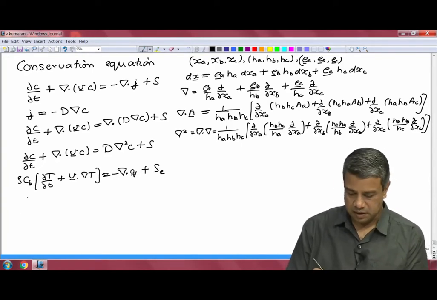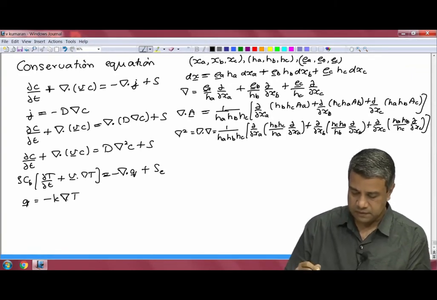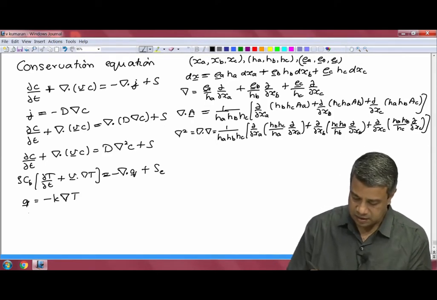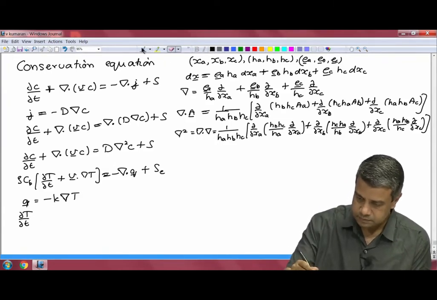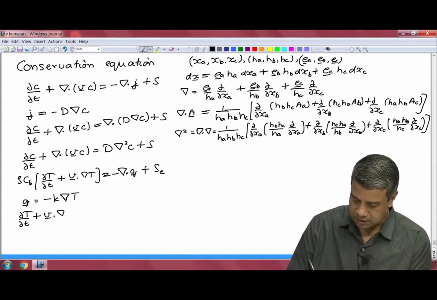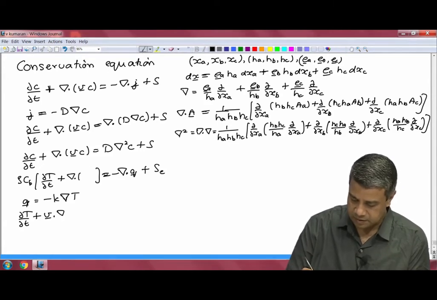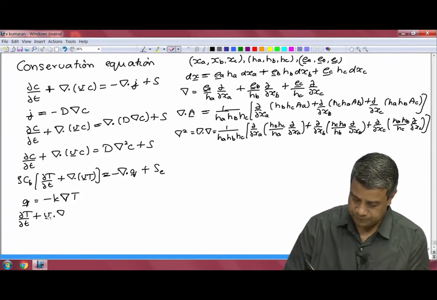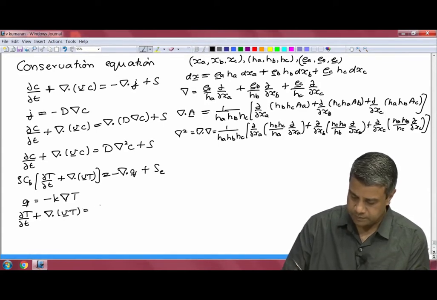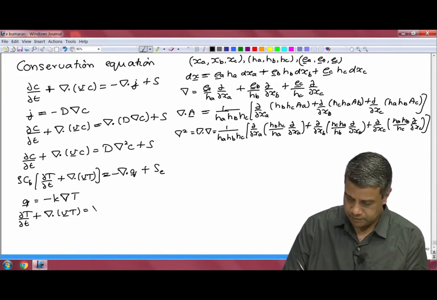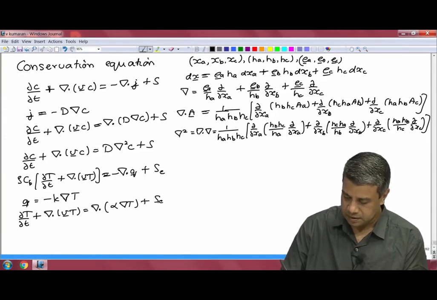The constitutive relation is minus K gradient of temperature is the heat flux vector, and once I substitute that in, I will get partial T by partial t plus the divergence of V times T. My apologies here, this should be the divergence of VT. This equals the divergence of alpha grad T, where alpha is the thermal diffusivity, plus S_e by rho Cp.